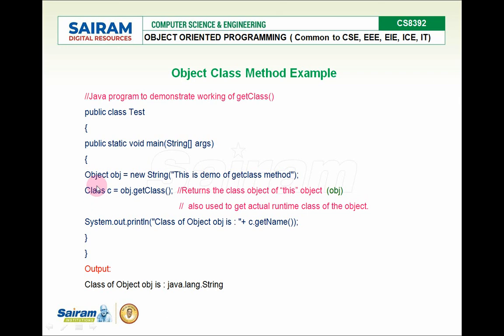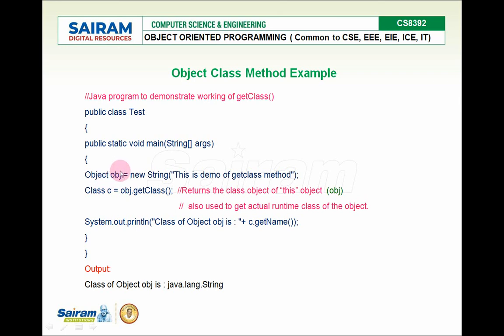So we have the Object class, and I'm creating an object for the Object class. obj is my object for the Object class. This is the class, this is my reference object, and this object can refer to any object, right? String is a class which has been instantiated by this value and referred to by the obj object. That is what is happening here.